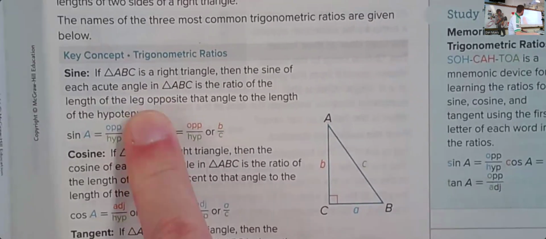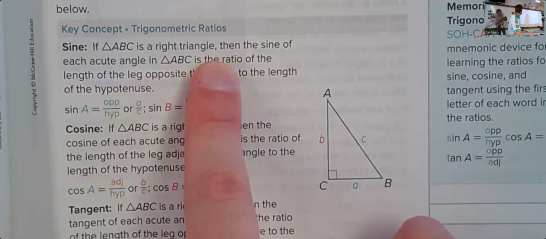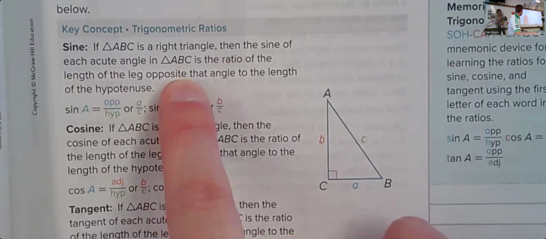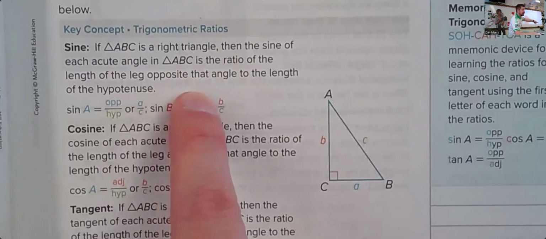So if you have a triangle, call it ABC, then the sine of each angle in ABC is the ratio of the length opposite that angle, across from it, to the length of the hypotenuse.